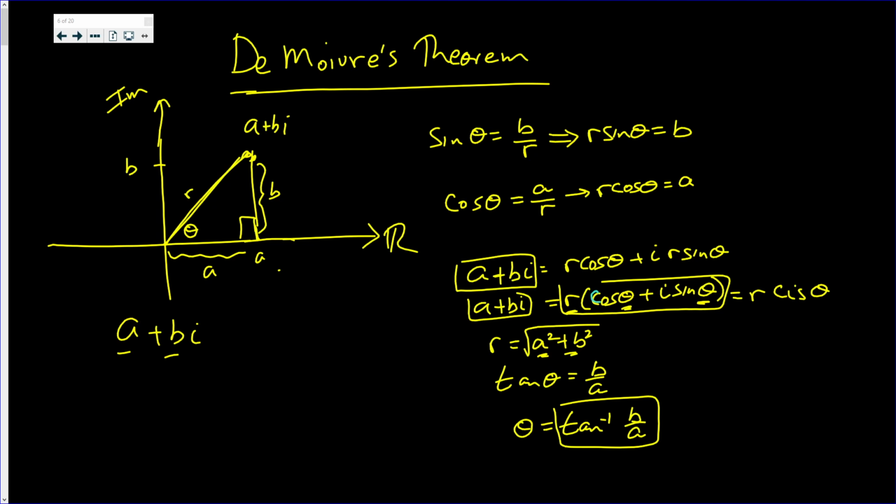CIS, and the angles are both theta. CIS theta. So let me give you something in a plus bi form, and I want to write it in that form.